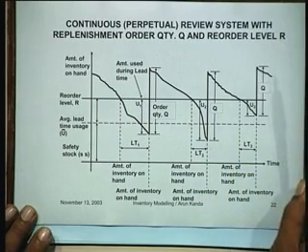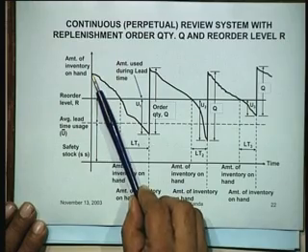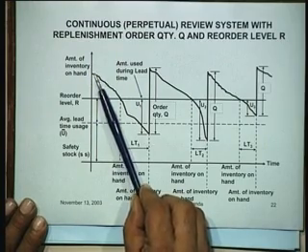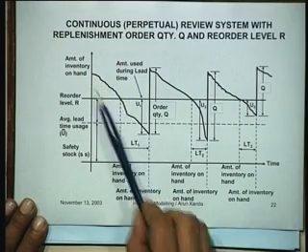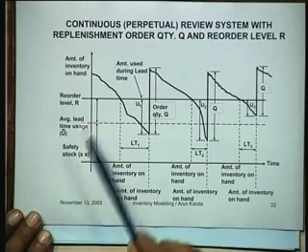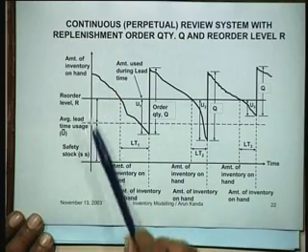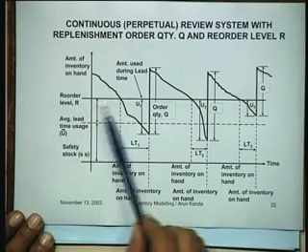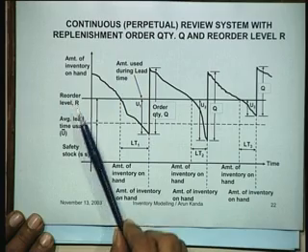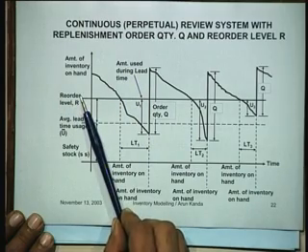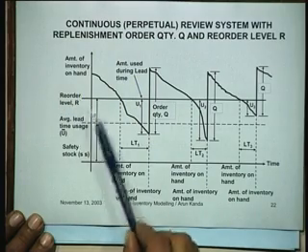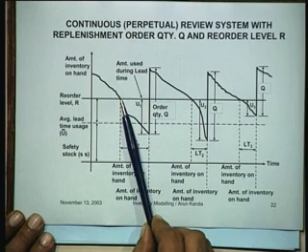What this simply means is that suppose this is the stock level. Now in an actual situation this stock level will be fluctuating and will be coming down. So what happens really is that when it comes down to a certain level called the reorder level R, which is what you have to determine in an inventory control policy, then you place an order.